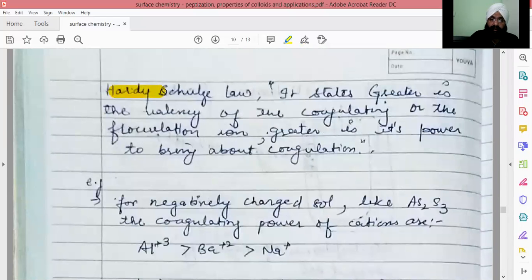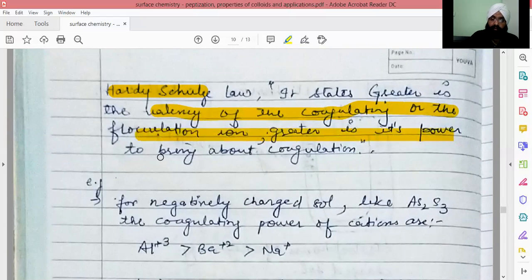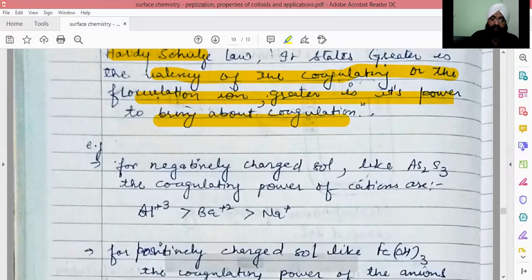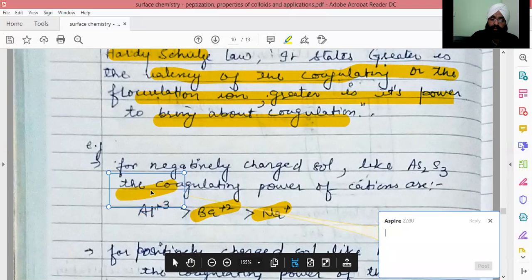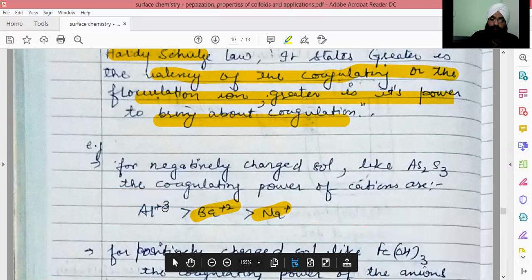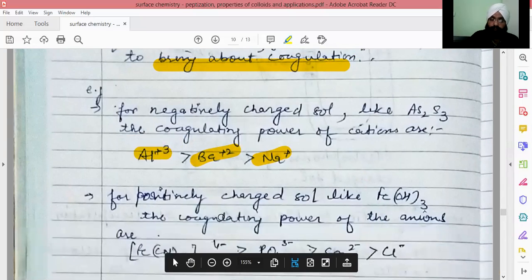One rule is there, Hardy-Schulze rule, which states that greater is the valency of the coagulating or flocculating ion, greater is its power of coagulation. Like out of Al3+, barium or sodium ion, aluminium has more charge on it, so it is more effective than the sodium.